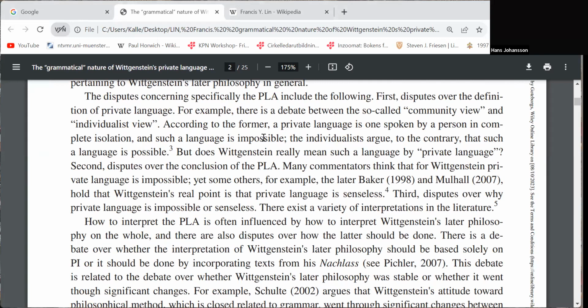The disputes concerning specifically the PLA include the following. First, disputes over the definition of private language. For example, there's a debate between the so-called community view and individualist view.